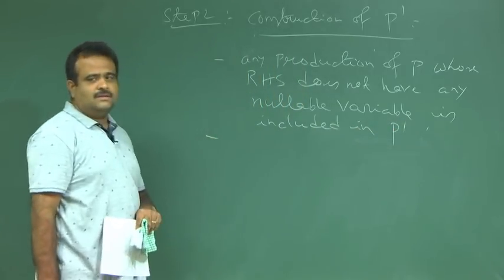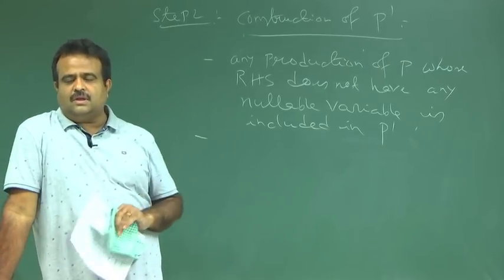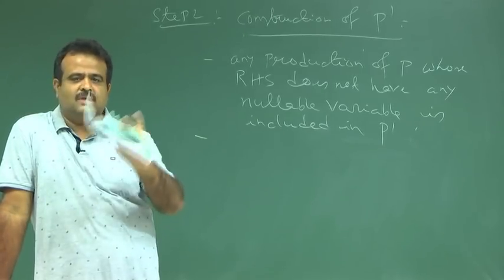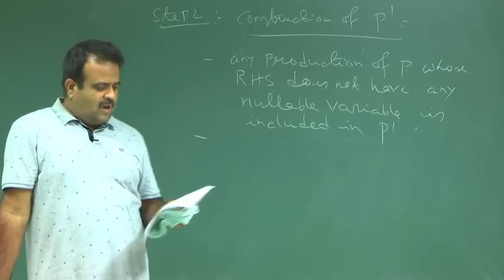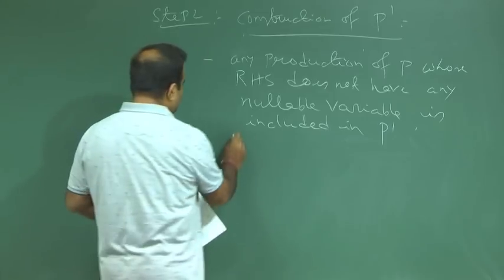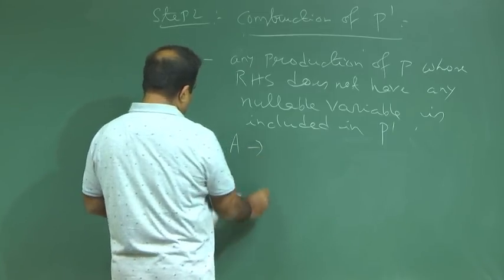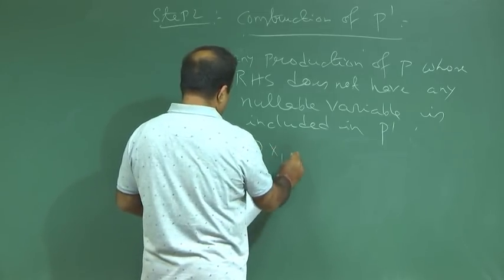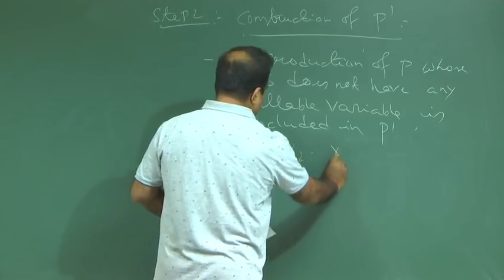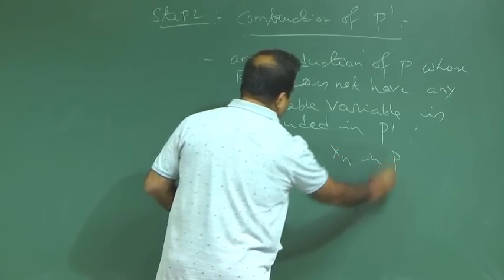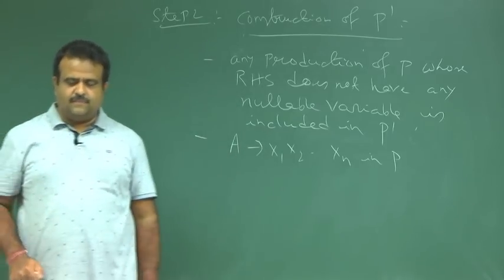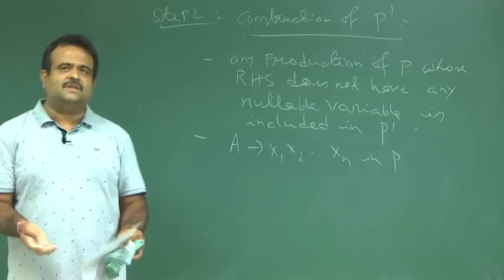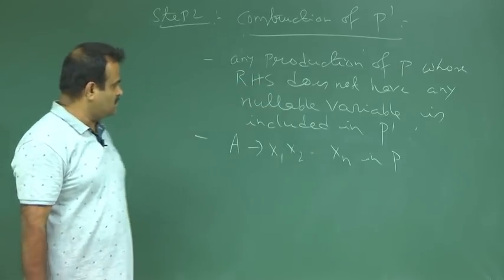And for the second one, we consider the productions that do have nullable variables on the right hand side. Suppose we have a production A goes to x1, x2, up to xn in P, and we know a few of these are nullable variables. If none of these are nullable, that comes in the first portion.